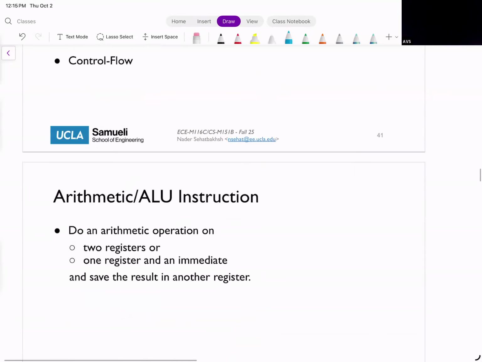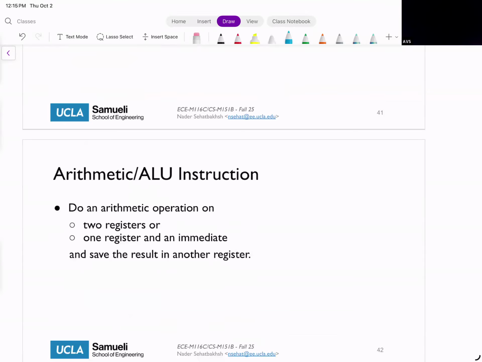Let's talk about the simplest one, which is the arithmetic ALU operations. ALU operations are of two kinds. Either we take two registers and do some arithmetic operation on them, or we take one register and one immediate. So there are two possibilities: two registers, or one immediate and one register. And we usually save the result into another register.